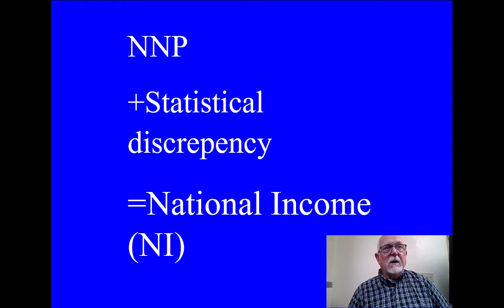And NNP, net national product, and national income, top part and the bottom part, those are the two entities that technically should be the same. Now, because we're talking about massive data collection, those are never going to be exactly the same. And so we just make them the same because theoretically they should be. So that's the statistical discrepancy, just whatever number is necessary to make a match.